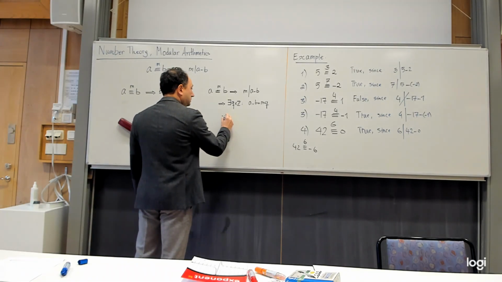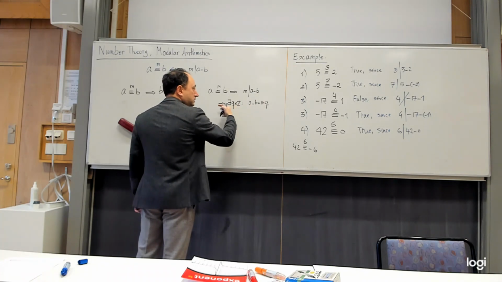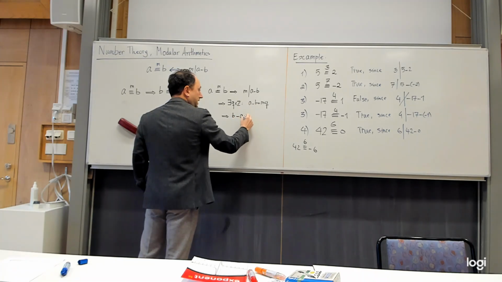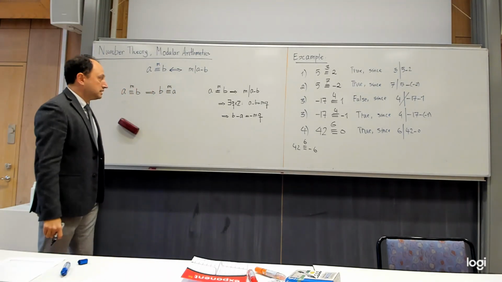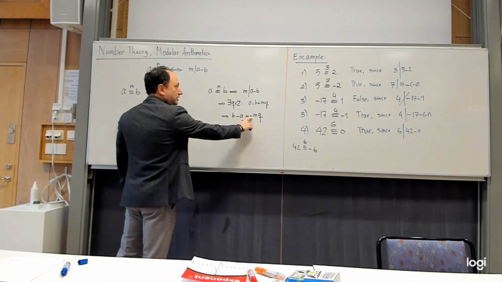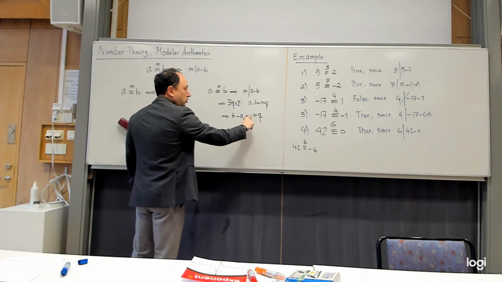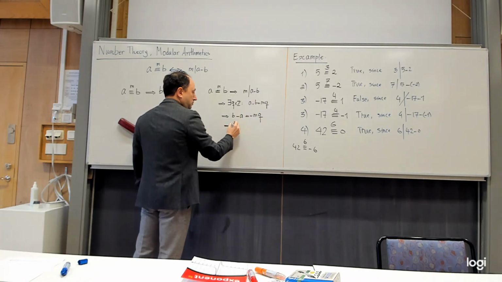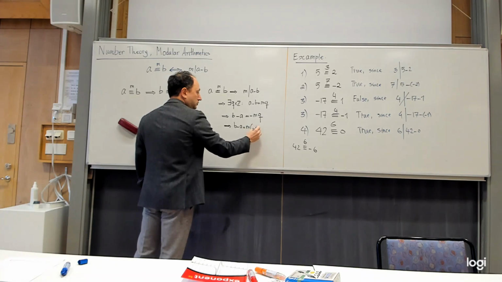I can multiply both sides of an equality by a negative sign. If I multiply by -1, this becomes positive b, this becomes negative a, this becomes negative mq. Yes? But I don't want to have negative m because I want to have my m again, so I will absorb this negative sign into this q. So this then implies that b minus a is m times negative q.